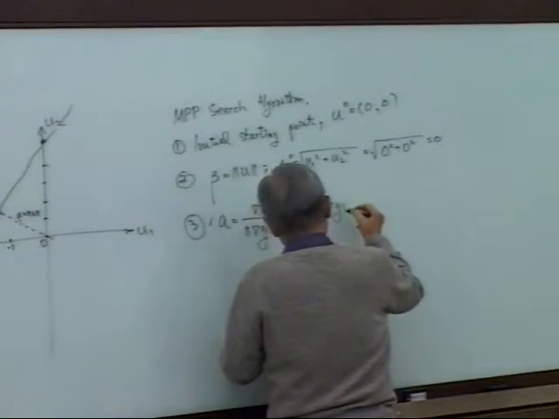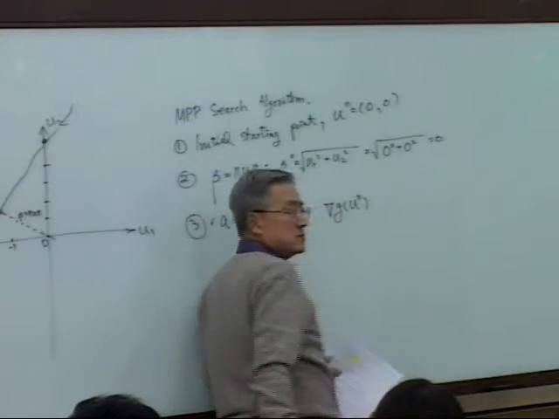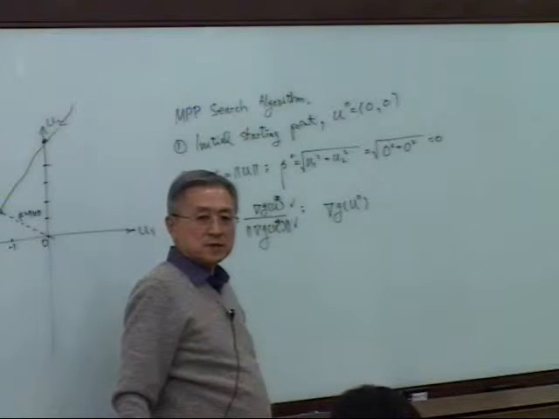Gradient of G(u), first trial was u naught.